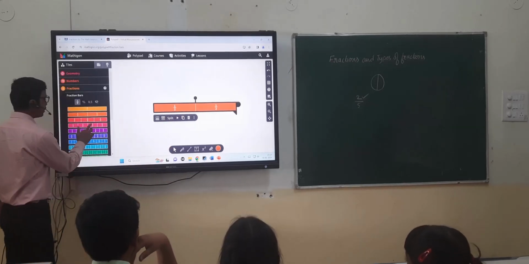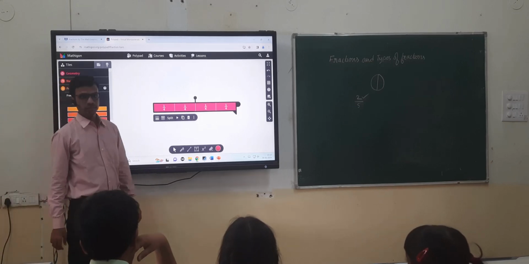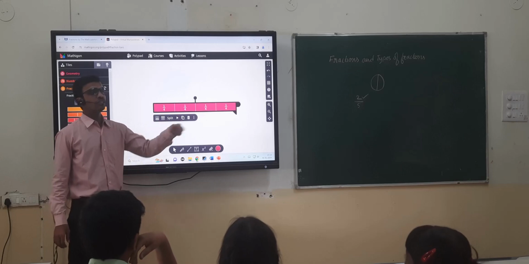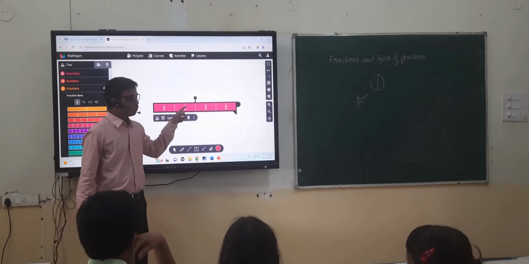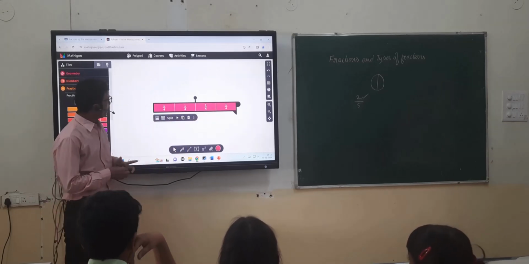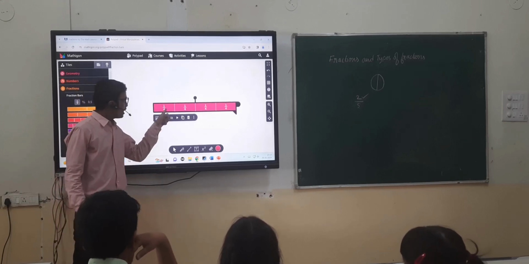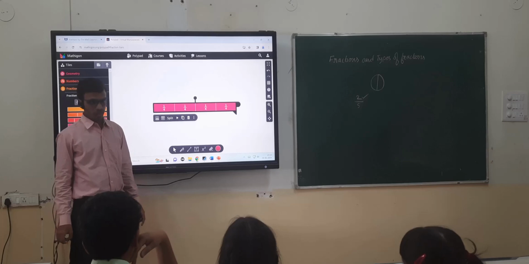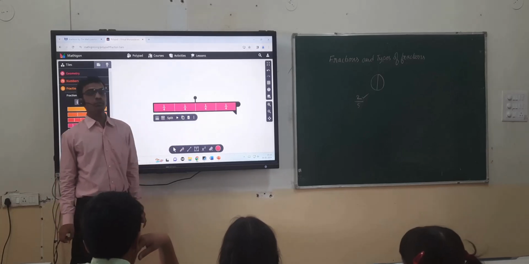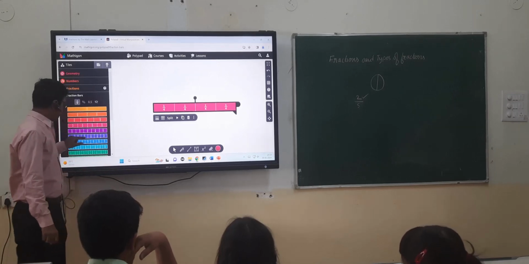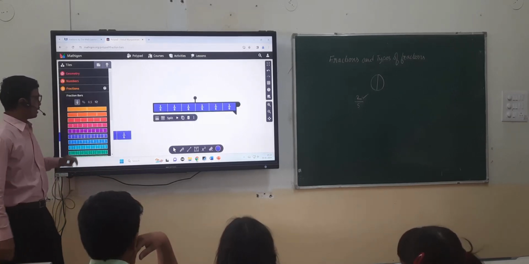Same way, I will take 4 equal parts. Same whole, but how many parts did we divide? 1, 2, 3, 4. That total number of parts we write in the denominator. If we select 1, each part represents 1 by 4.